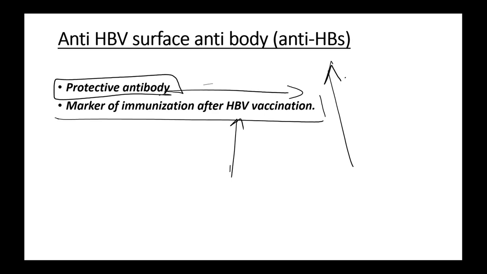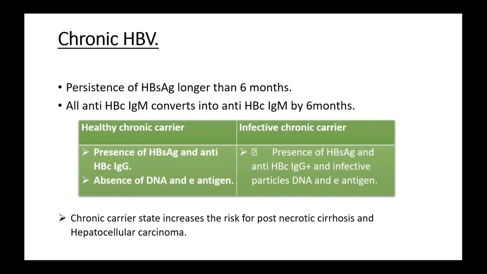In vaccination, only hepatitis B surface antibody will be positive, no other marker. But in protective antibody after infection, some other markers of hepatitis B infection will be positive. Chronic hepatitis B: if the surface antigen is present for greater than 6 months, that is chronic hepatitis B.